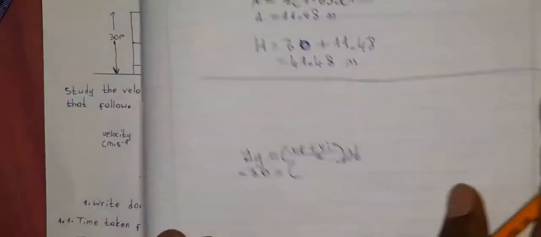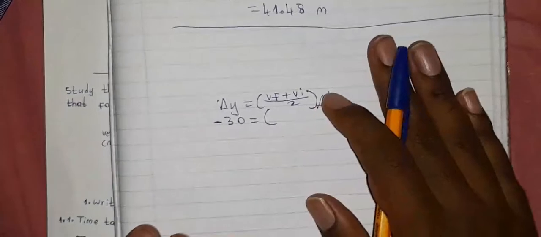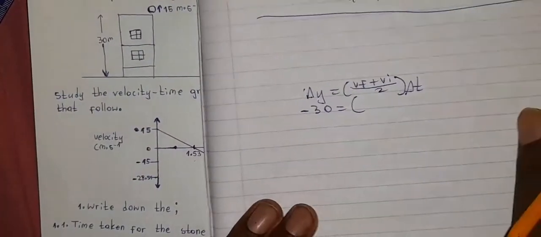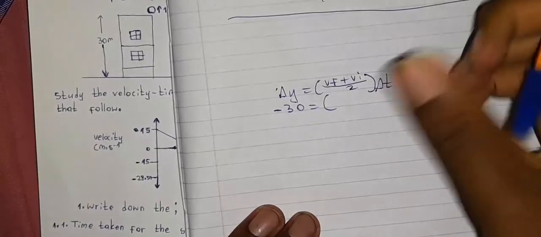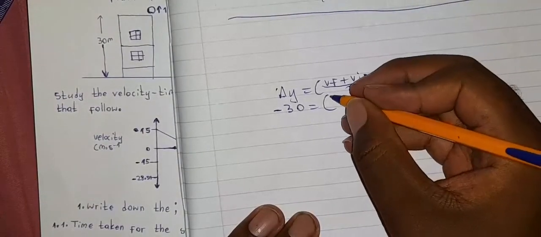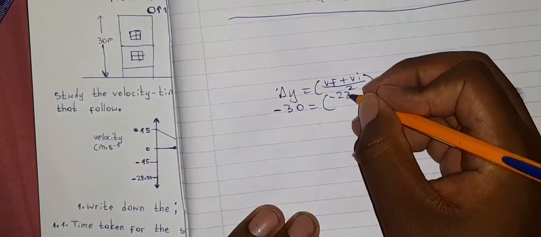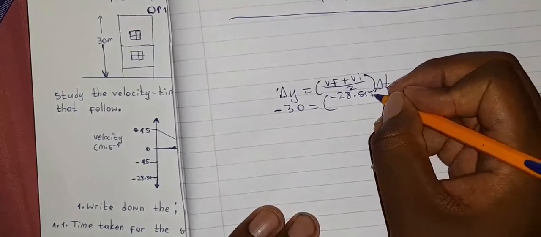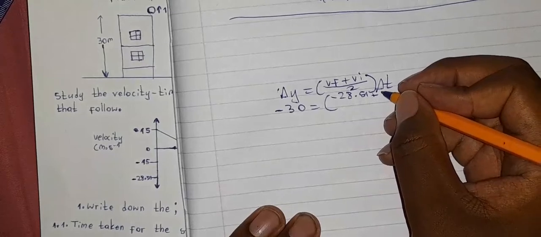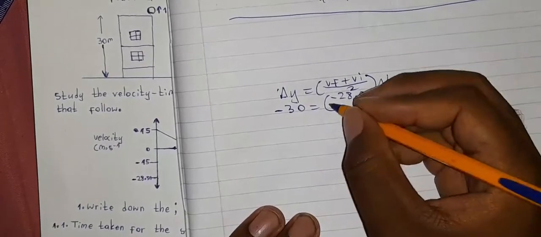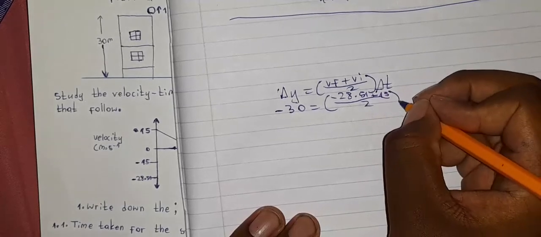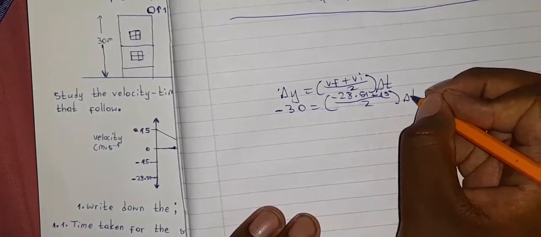So let's finish here. So our final velocity is negative 28.51 plus positive 15 over 2, times change in time.